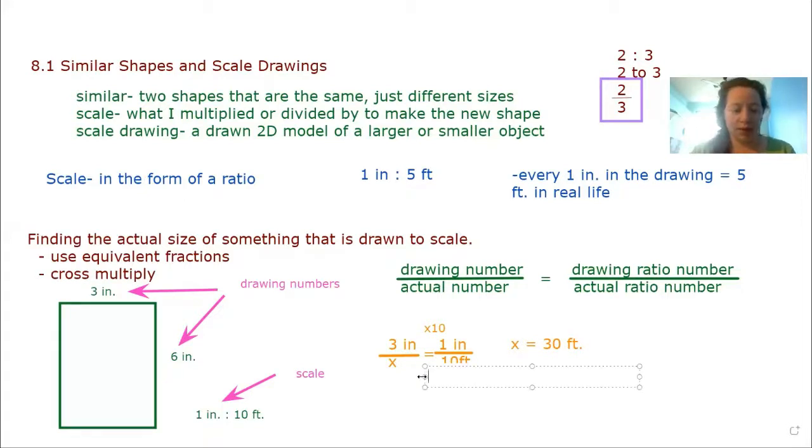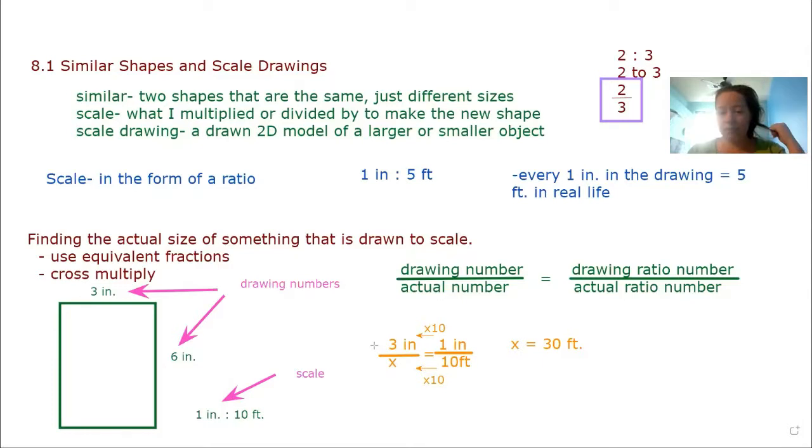So whatever I do to the top, I have to do to the bottom. And I guess I'm going to put in my arrows pointing the opposite direction. So it's times 10 going from here to here. Why are those arrows so big? Just a sec. All right, there we go.